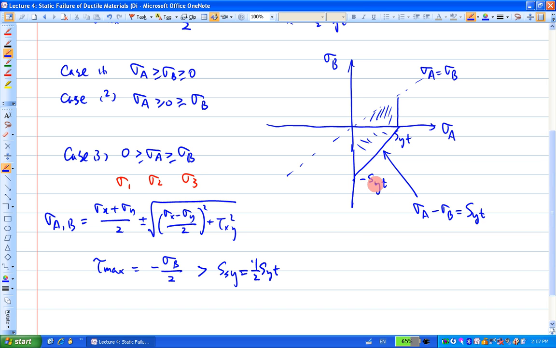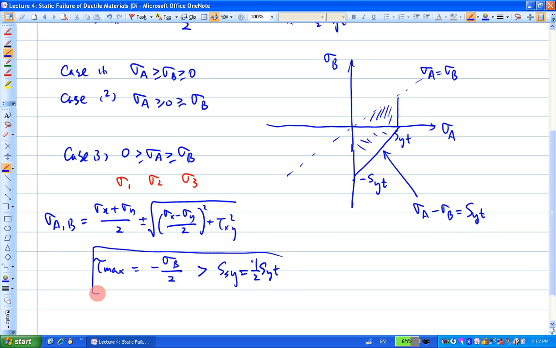Yes, we should still say this is greater than that, because in this particular case sigma B is less than 0; sigma B is a negative number. So negative, negative, this becomes positive here. So in terms of this graphical line here, where is this?